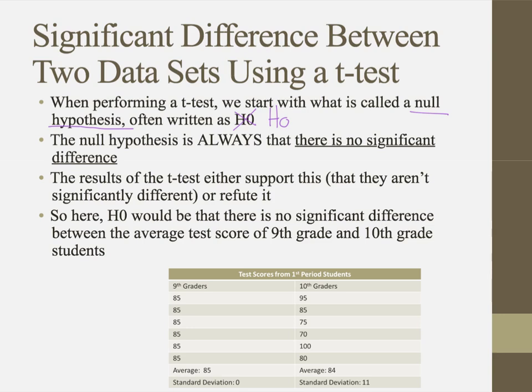And the t-test is either going to support that or refute it. Okay, so if I'm looking at this data, again, the null hypothesis would be there is no significant difference between the scores of 9th graders and 10th graders. And we're going to use the t-test to figure out if we should accept or reject that hypothesis.